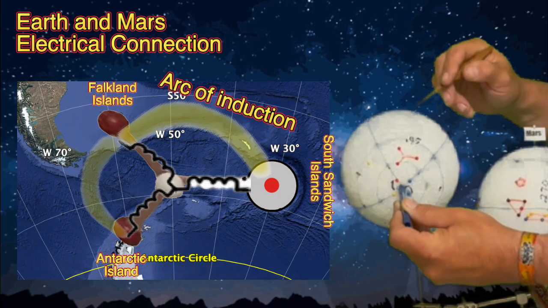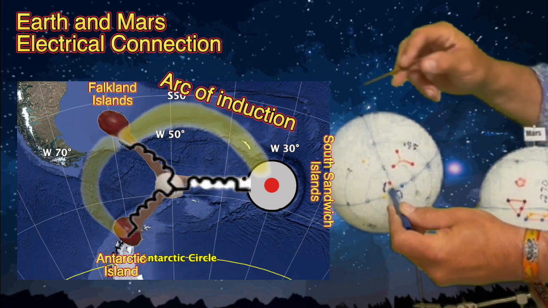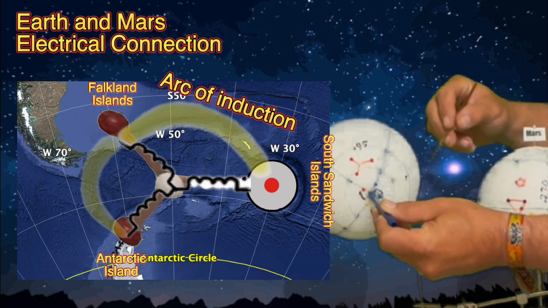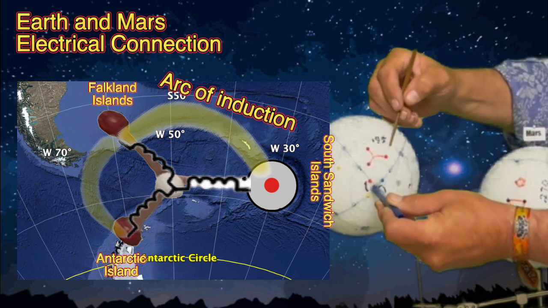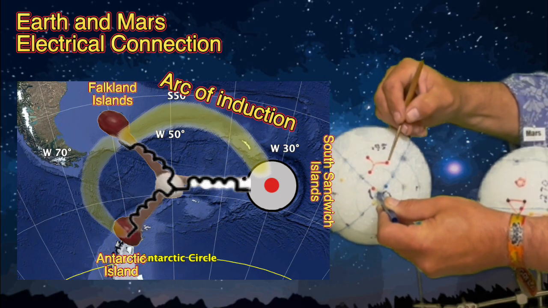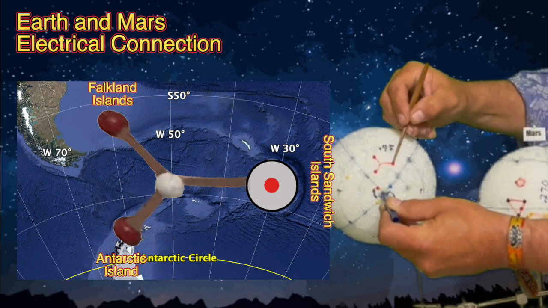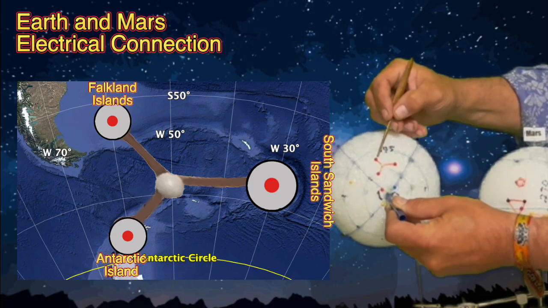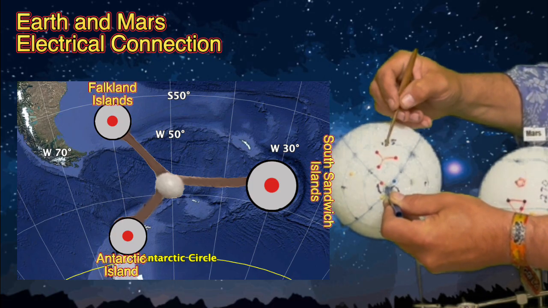And you can then kind of envision where all the other continents are. So South America is over here. Africa is over here. So this is the South Sandwich Island node. We call it the junction. This is a primary junction. What you then have to the north here is the Falkland Islands.